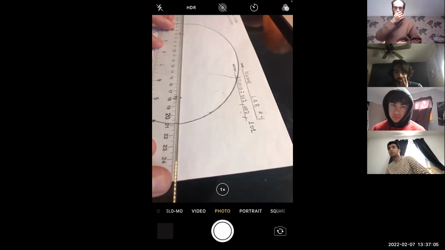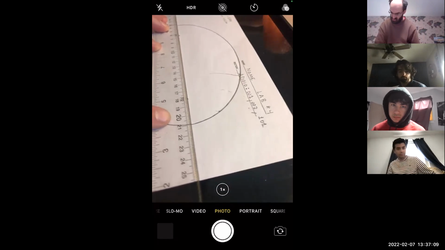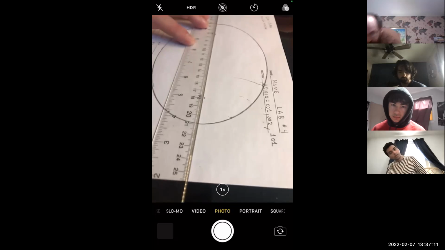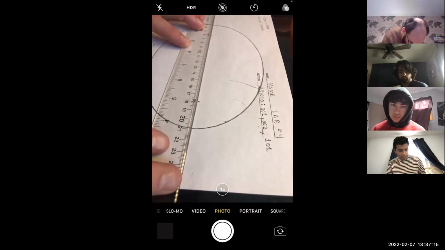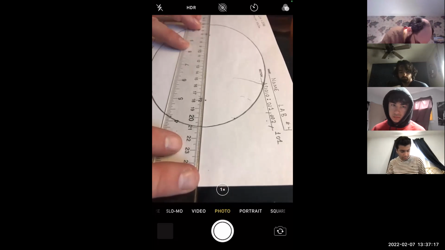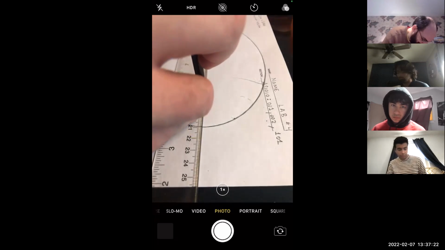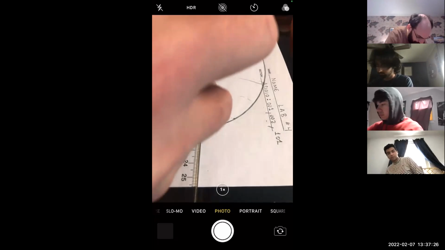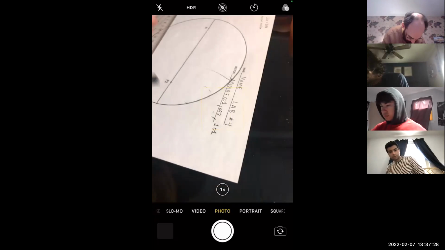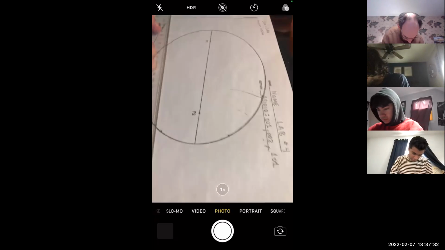What you see me doing is connecting the 2 focus points with my ruler. I'm going to draw in the major axis, going edge to edge of the ellipse, but not farther. 2 points make a line in Euclidean geometry.